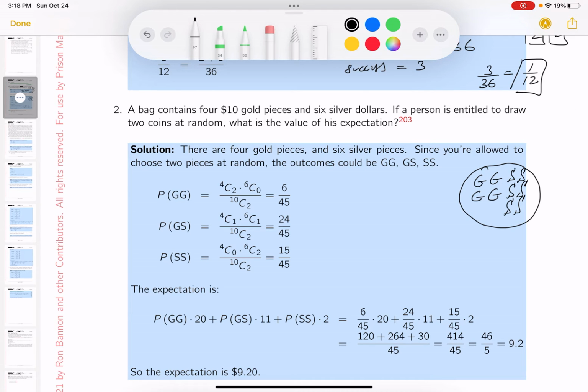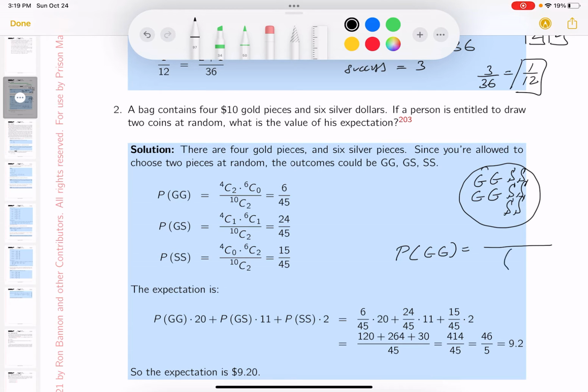All right, so let's talk about the picking of the 2 gold pieces. So the probability of picking out the G. Well, let's take a look. You're picking 2, right? And the order doesn't matter.